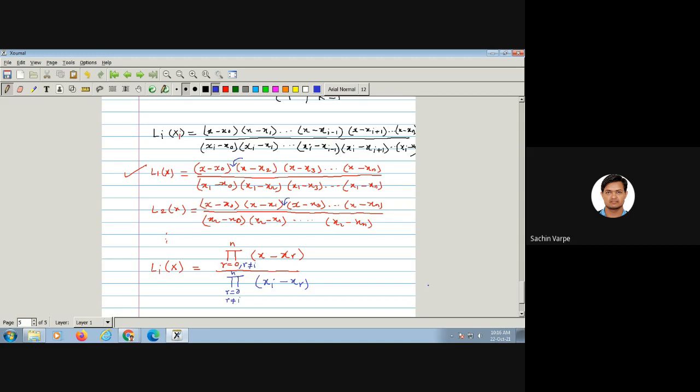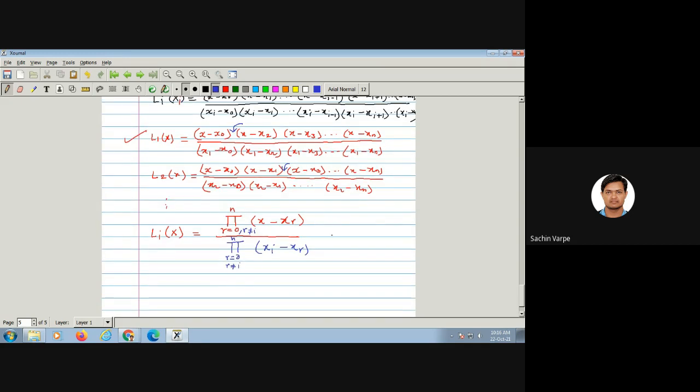So this is in general the Lagrange's polynomial Li of x, where the product notation means that we take the continued product of terms for r equal to 0, 1, up to n, excepting the factor corresponding to r equal to i.